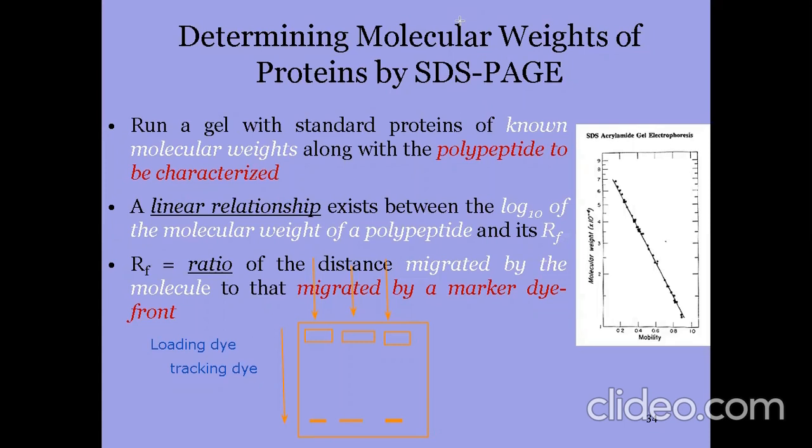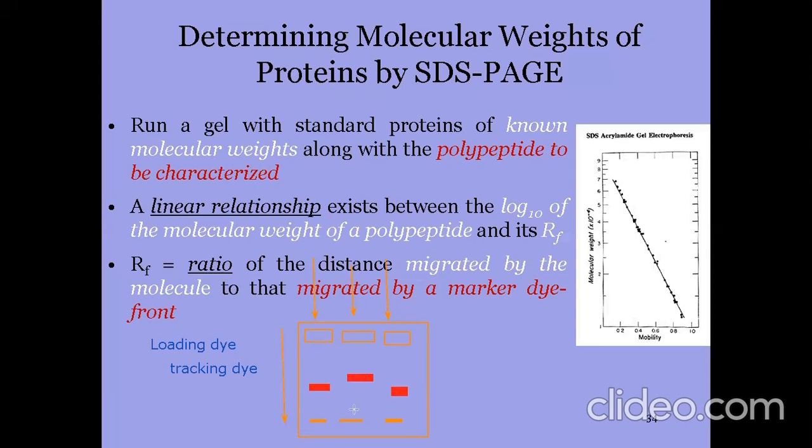So what it says, the RF, is the ratio of the distance migrated by the molecule. Maybe our actual protein molecule will be here. After staining we will know, our protein will be here, based on the size of the protein, but the loading dye and the tracking dye will be here.